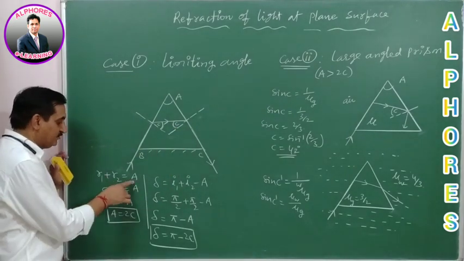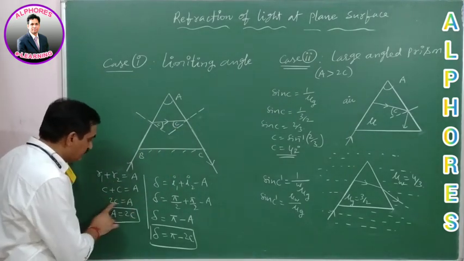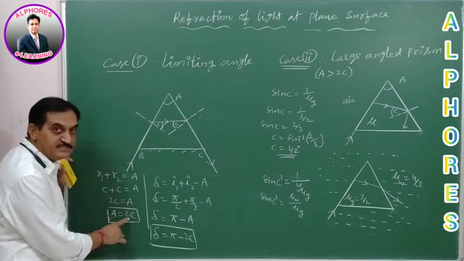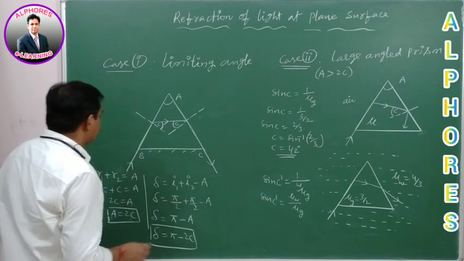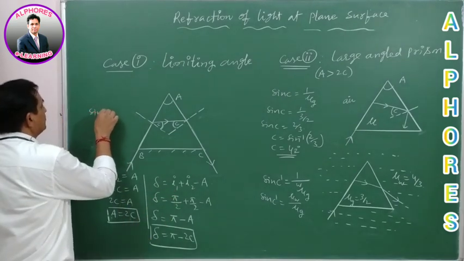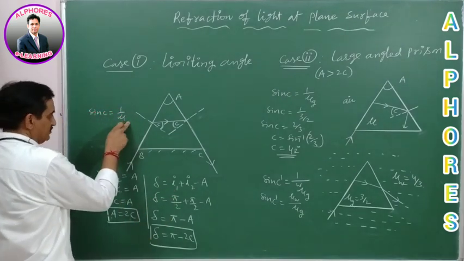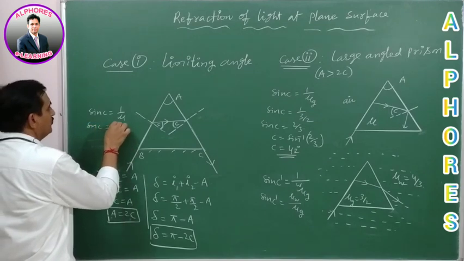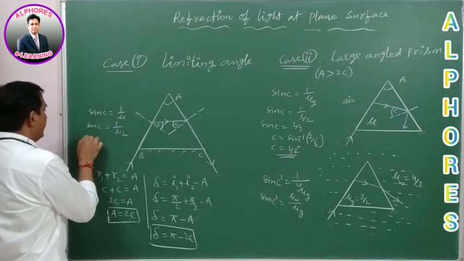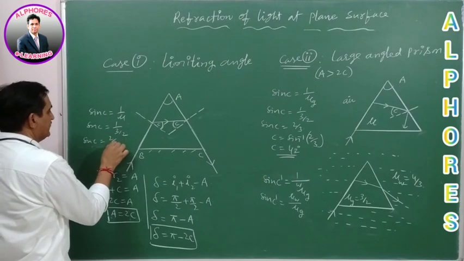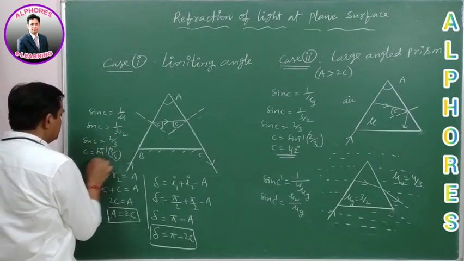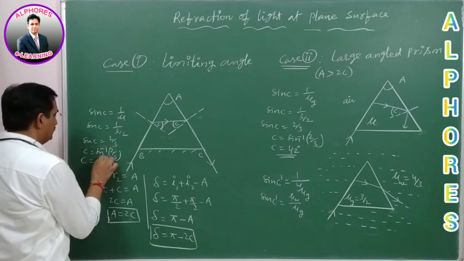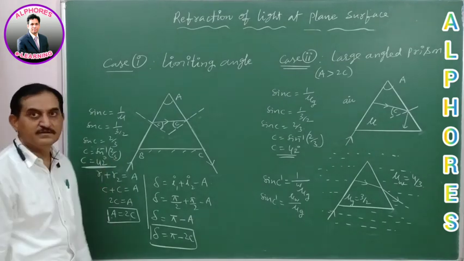Therefore, R1 plus R2 equal to A, C plus C equal to A, A is equal to 2C. Here if it is made of glass, sin C is equal to 1 by mu glass, sin C is equal to 1 by 3 by 2, sin C is equal to 2 by 3, C is equal to sin inverse 2 by 3, which gives us C is equal to 42 degree. This is the critical angle.